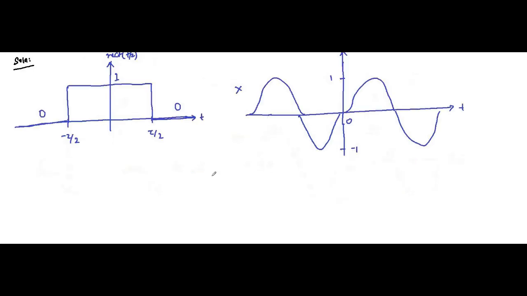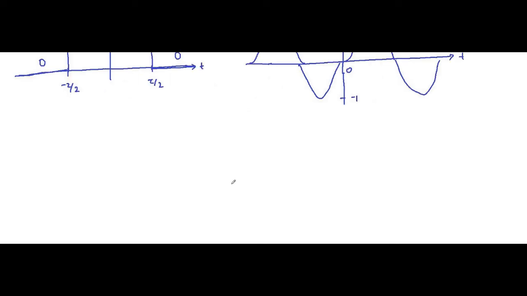So when these two signals get multiplied, we will have a resultant signal which will only exist in between minus tau by 2 to tau by 2, maybe something like this.